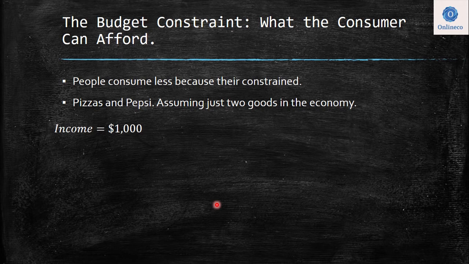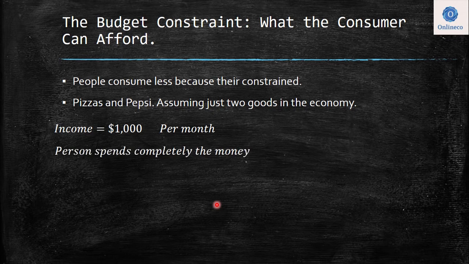Imagine that you have an income of $1,000 per month, and during this month you will consume all of it just on pizzas and Pepsi. The person should spend all the money and cannot put anything away.